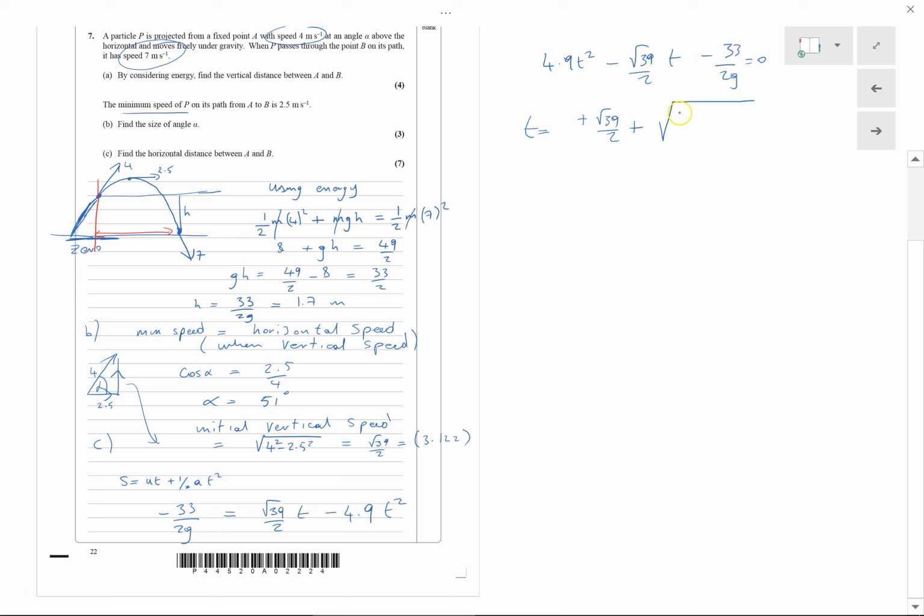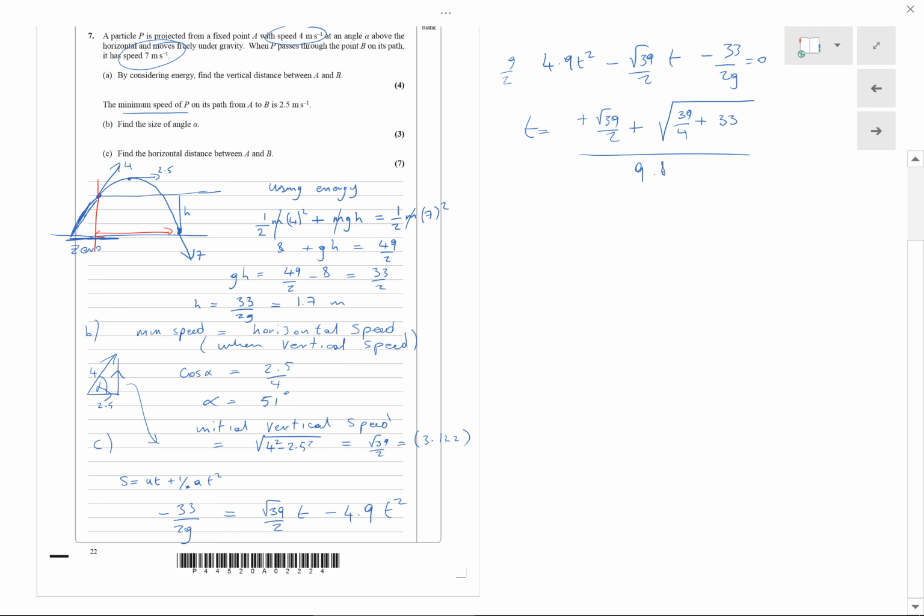Square root of b squared, so that's 39 over 4, minus 4 times a times c. Actually this is g over 2, isn't it? So there's going to be 2 negatives, so it's going to be plus 2g, I think that's going to be plus 33 when we work that out, all over 2 times 4.9, which is 9.8.